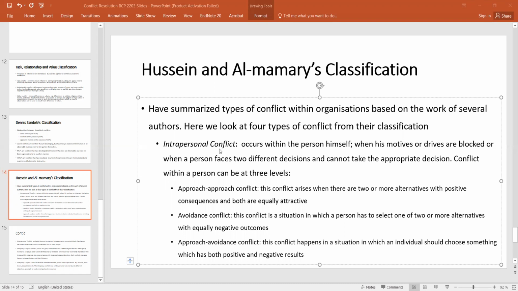And then you can have the approach-avoidance conflict. This is when an individual has to choose something that has both positive and negative results. It is one choice, but it has both. Let me give an example. You have got a very nice job. Very nice. They're going to pay you money.